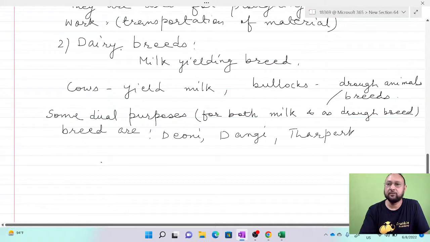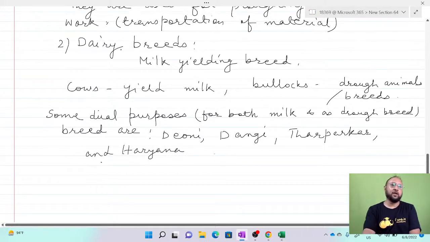These are also fairly good milk yielding. They are used both for producing milk as well as for agricultural work such as plowing or transportation of materials.